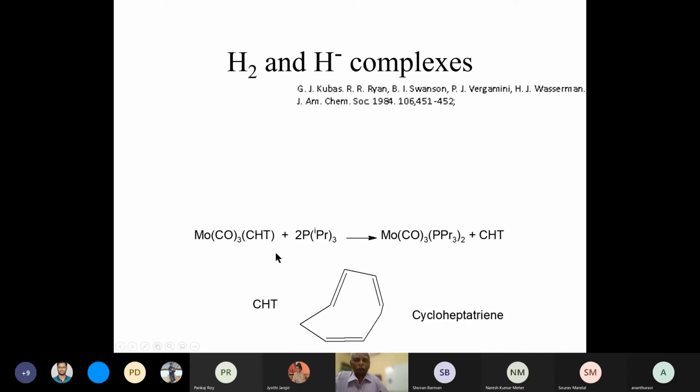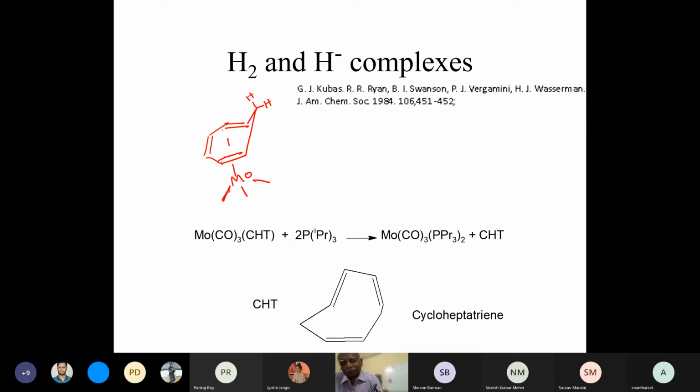So this complex, in fact, could be like this. I'm exaggerating the bend in this CH2 purely for emphasis. So this is the complex that we're talking about.